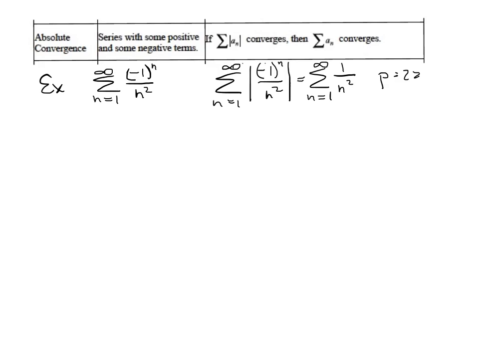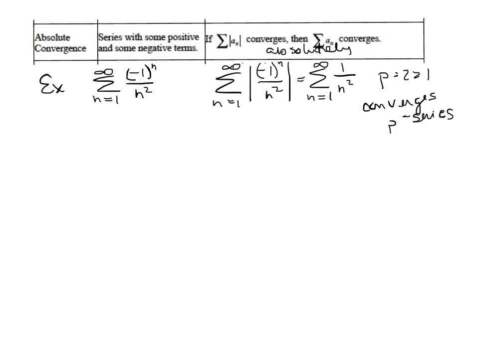P is equal to 2, it's bigger than 1, this converges. It converges because it's a p-series, and because we took the absolute value of it, it not only converges, but we say that it converges absolutely.